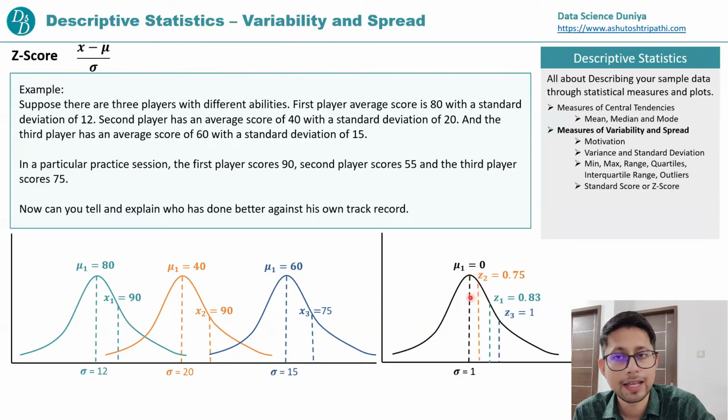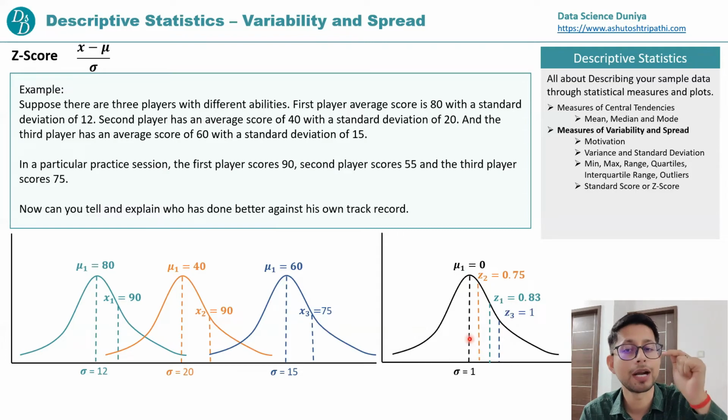And if we are on the right side, who is far from the mean score, above the mean score. So Z3, like 1, is far from the mean score in the positive direction, meaning in that particular session he has scored way beyond his mean score, more than his mean score.